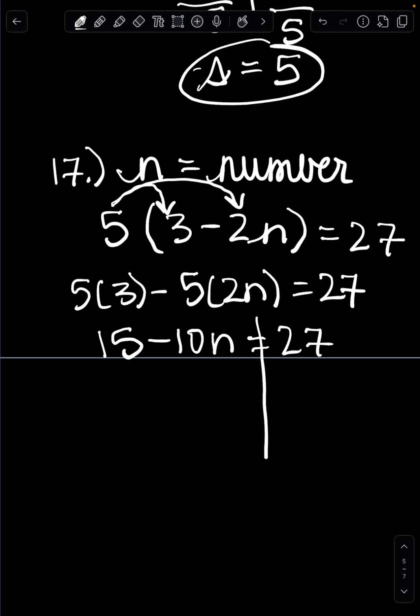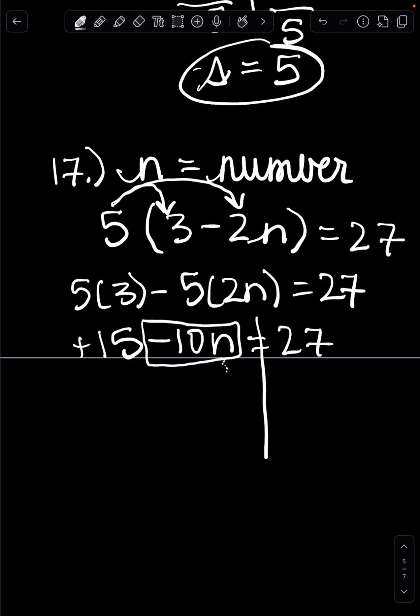There's my equal sign. I've got my n over here. It's being multiplied by a negative 10 with a plus 15. Remember, you've got to keep the sign in front along with it. So this is grouped together. That minus goes with the 10n. There's nothing in front of the 15. That means we assume it's plus.